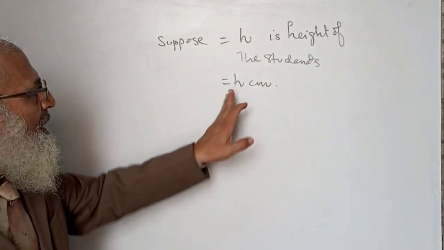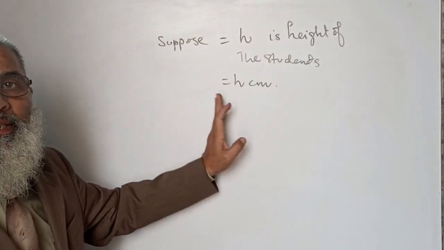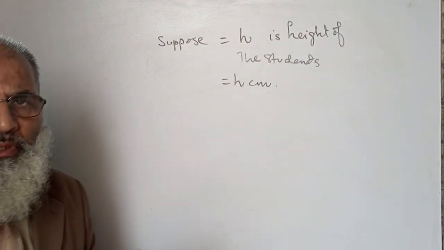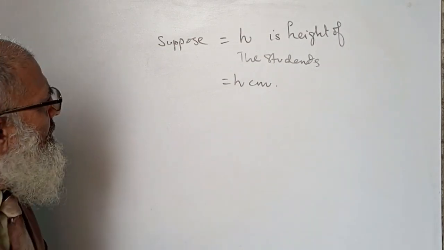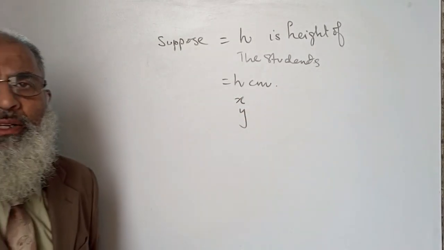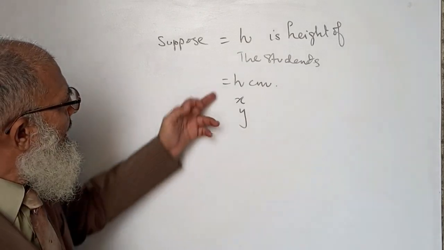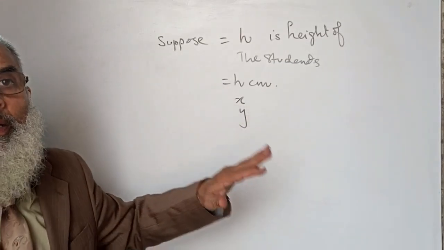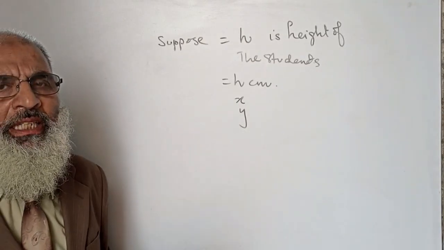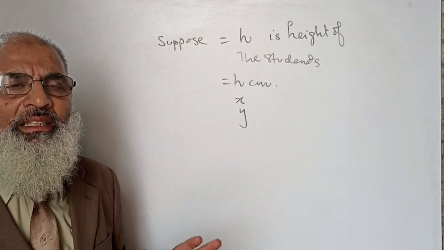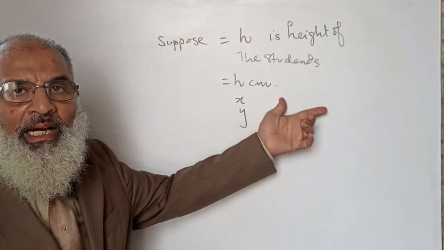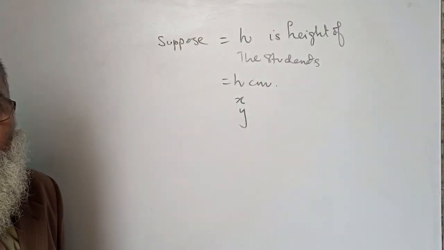The thing which is not given is the height, and we have supposed that height is equal to h. We can also write it x. We can also write it y. It is not a hard and fast rule that we have to write h or l over here. You can write x, y, z, anything, but h somehow corresponds with the height. So we have written it as h.